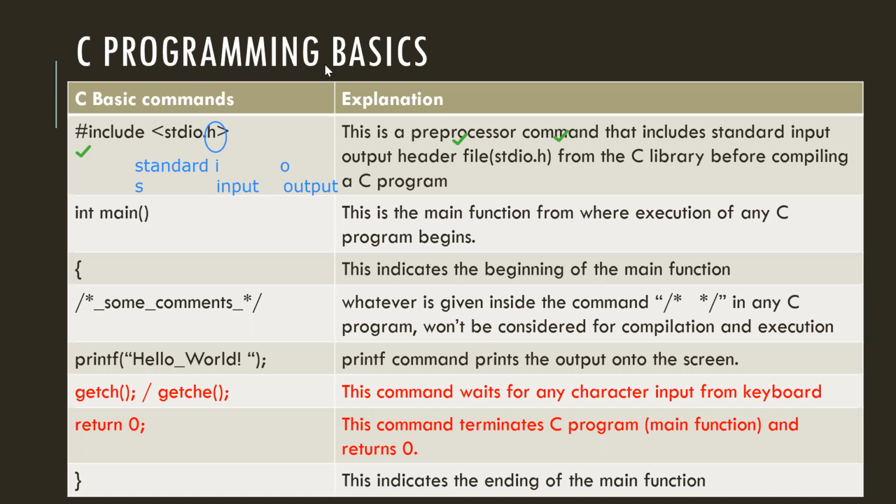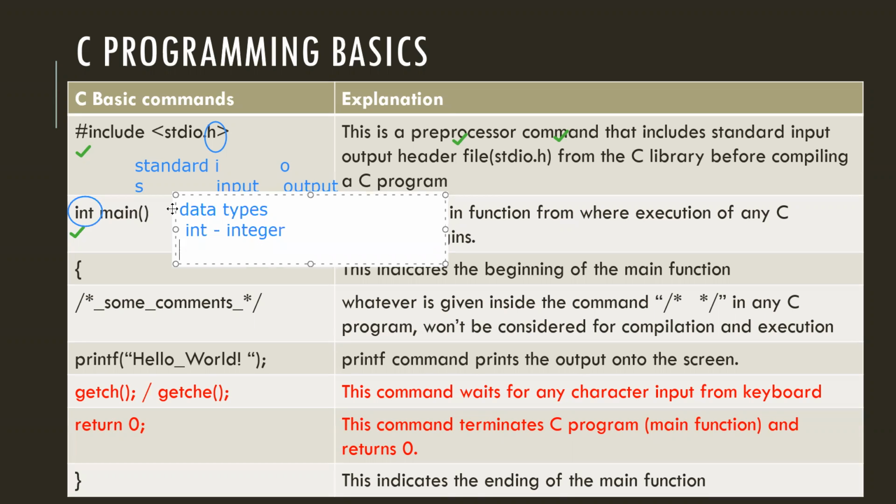Another is that you also must make sure there is the main function. And what is int? Int here is a data type. So what are examples of data types? It could be integer, and then you could also have float, decimal, double, string, and the like.